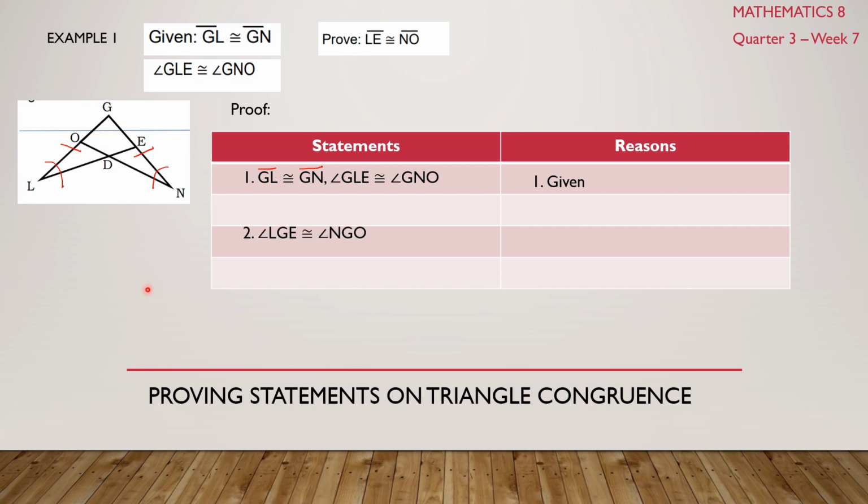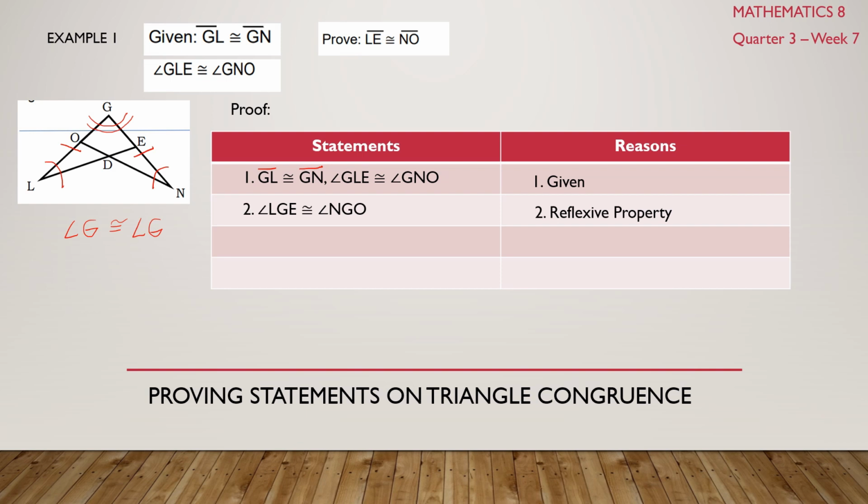So, our second statement will be angle LGE is congruent to angle NGO. Or we can also say that angle G is congruent to angle G. So, what will be our reason for that statement? Of course, reflexive property.